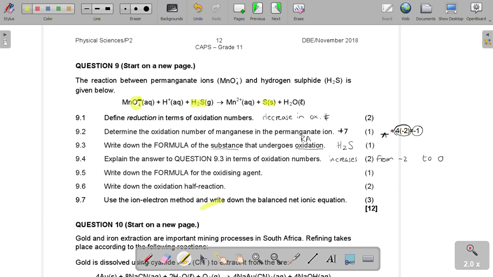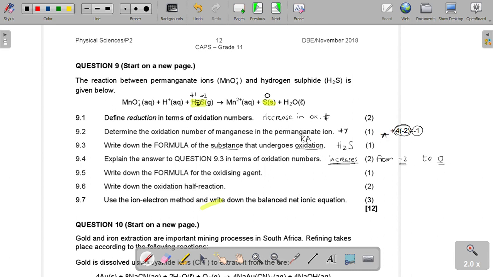Op hierdie ene gaan dit wees daai stukkie en daai stukkie. En onthou, daai ene het 'n +1 lading, die waterstof. So omdat daar 2 is van hulle, beteken dit daai ene moet -2 hê. En hierdie ene is 'n element. So hy het 'n oksidasiegetal van 0 altyd.